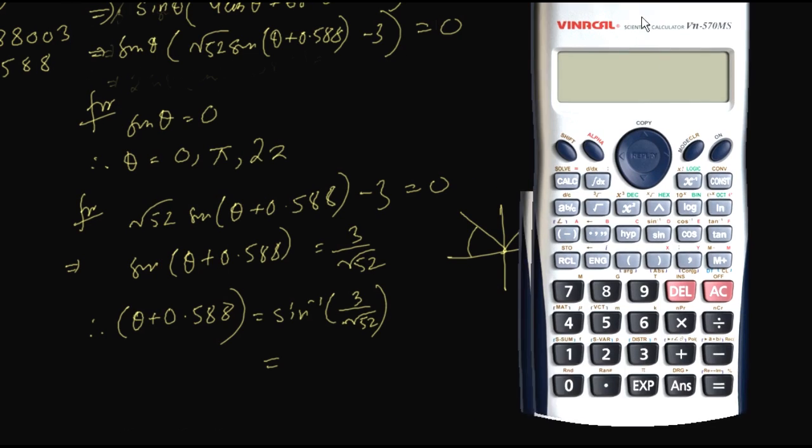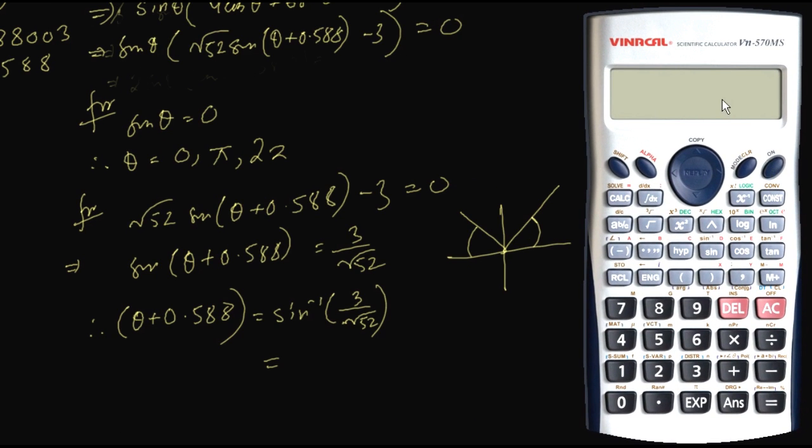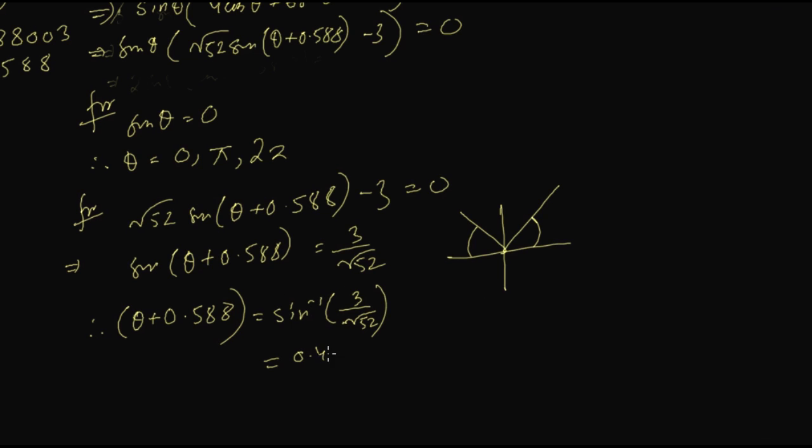So we can do this sum using radians. The calculator is already in radian mode. So we do sine inverse of 3 divided by square root of 52, bracket close. So this is going to be 0.4291.